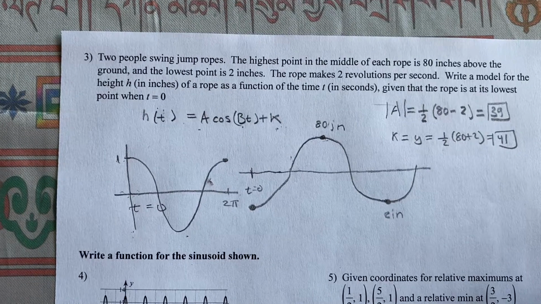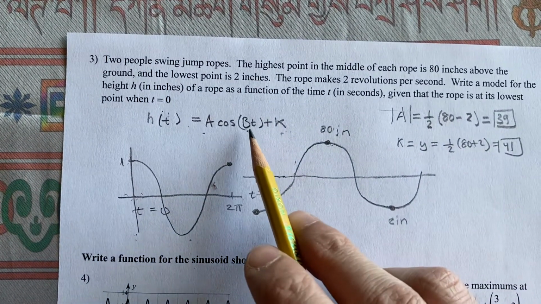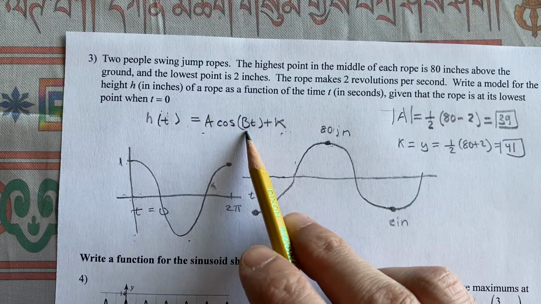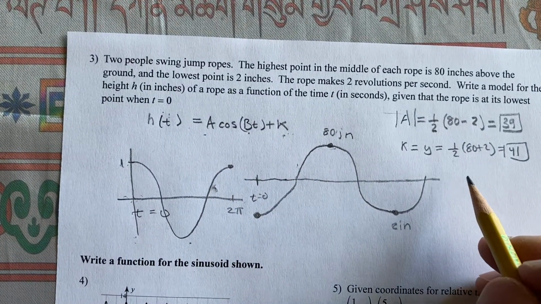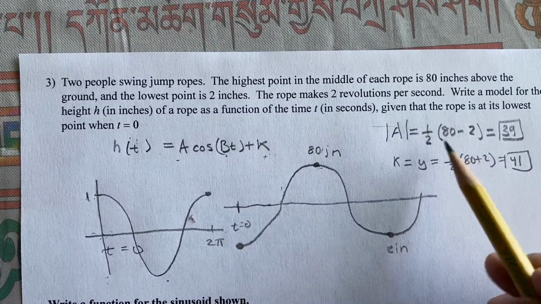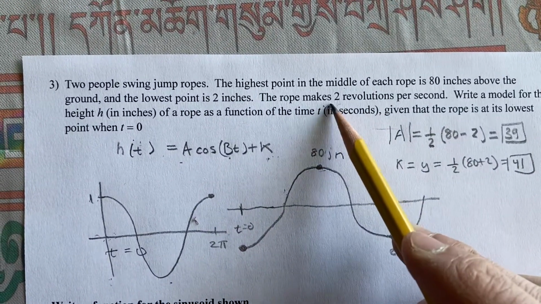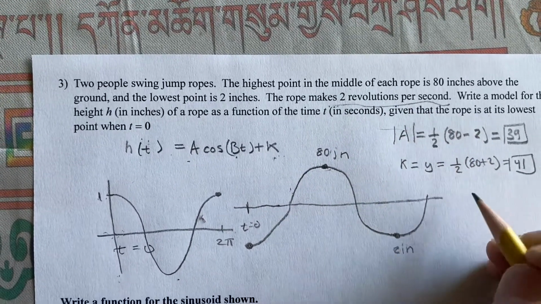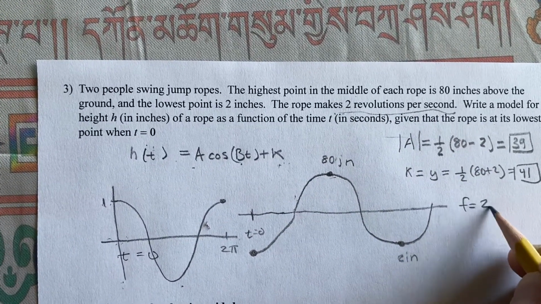And the very last thing you need to calculate, which is your b, is determined by the period. Now we go back to the problem, and it says the rope makes 2 revolutions per second. This 2 revolutions per second is just the frequency. So the frequency is 2.